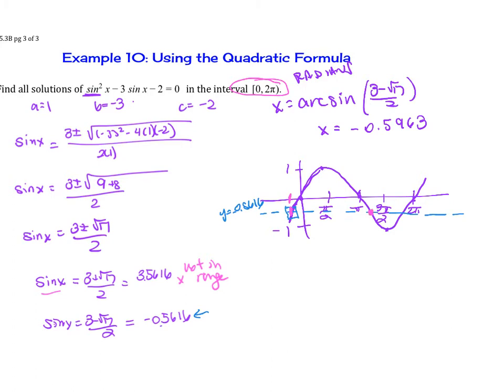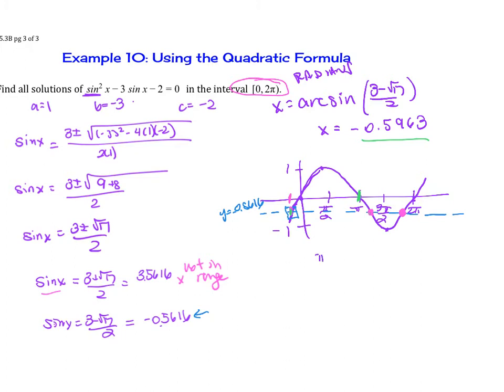Now, it did ask us to be in the interval from 0 to 2 pi. So notice that it hits at this point and at this point here. I want you to see where this falls with respect to, let's say, pi. Pi is here, so it's just past pi. So we're going to take pi, and then add on this 0.5963, because it's past it by just this much.